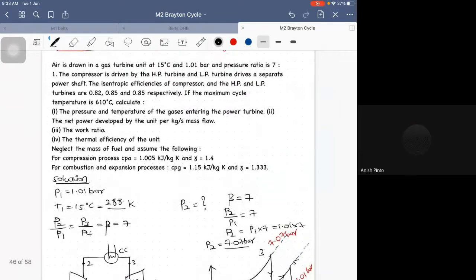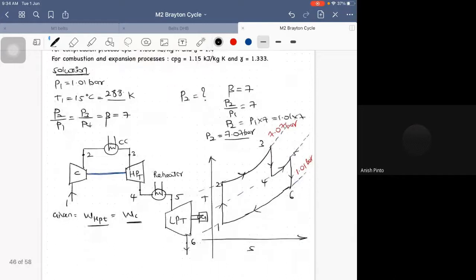Okay, next. The isentropic efficiency of the compressor and HP and LP turbines are 0.82, 0.85 and 0.85, he says. That means he has given us the value of efficiency of the compressor.